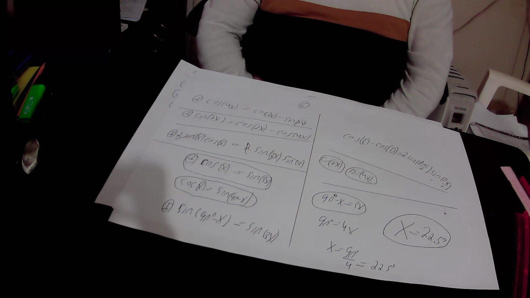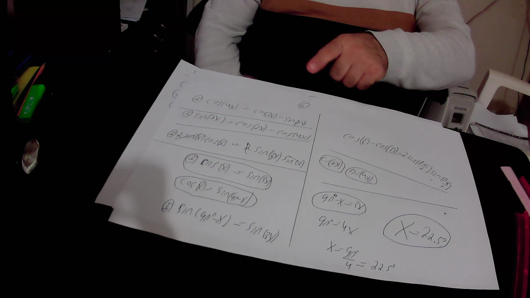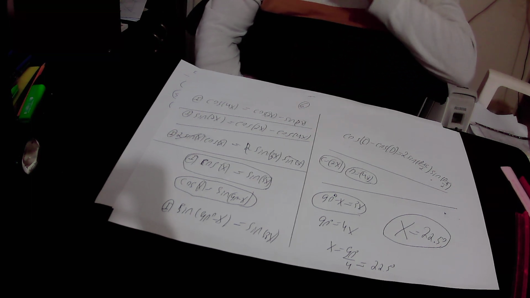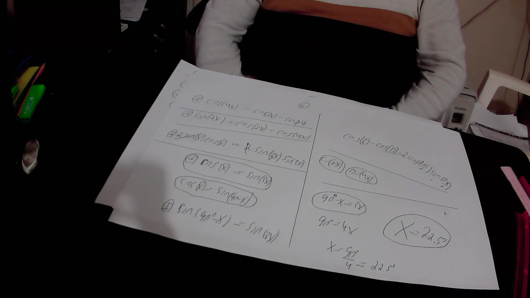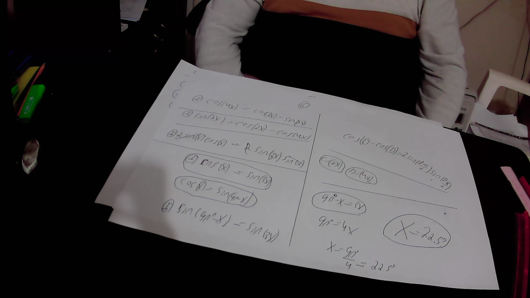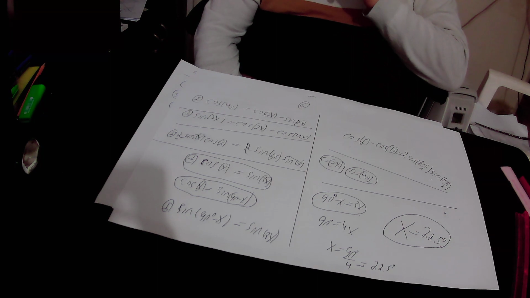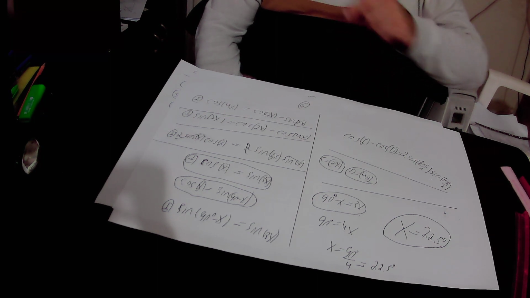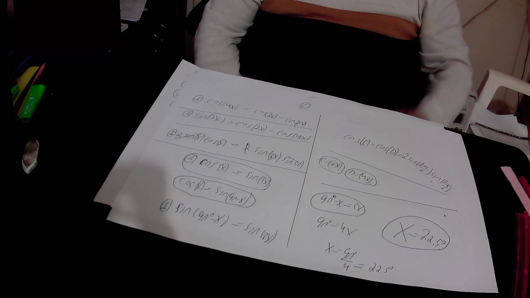So 2 sine (d plus c) over 2 is actually, c is 2x, d is 4x, so 2x plus 4x is 6x, and 6x over 2 is 3x. And then we have to multiply it by sine (d minus c) over 2.